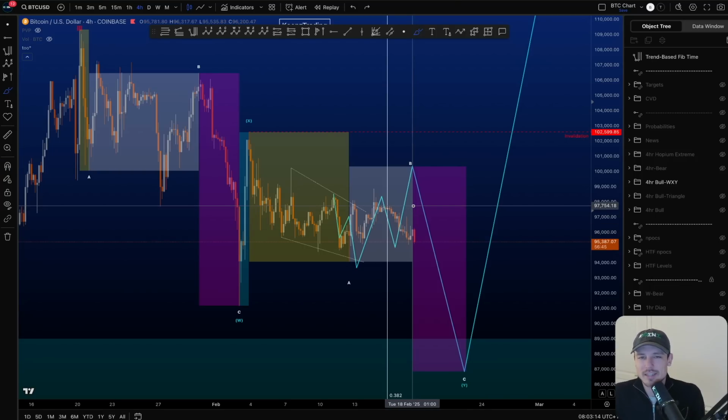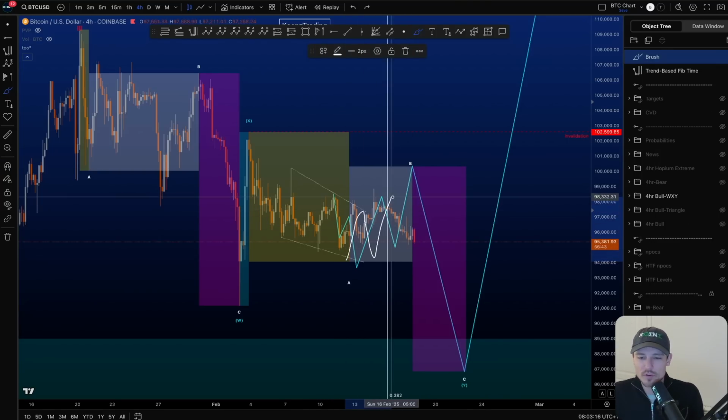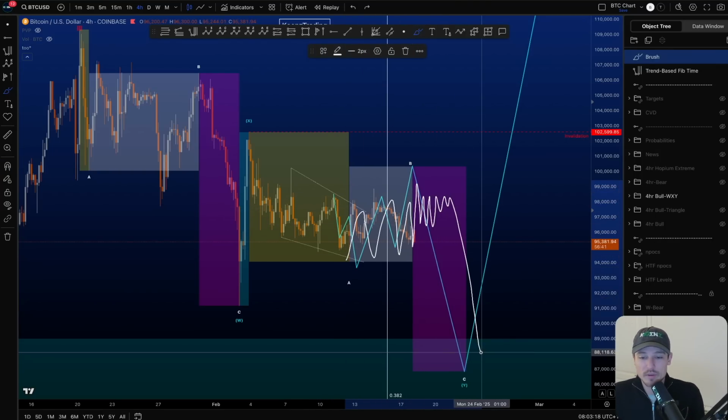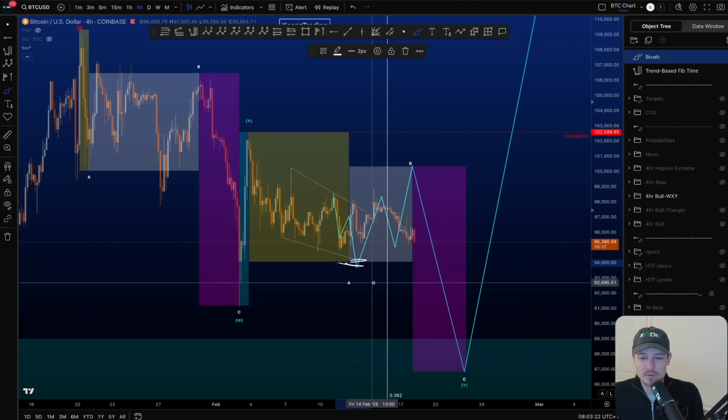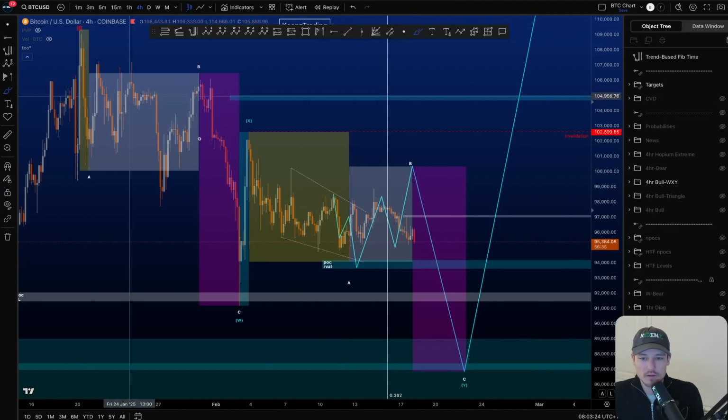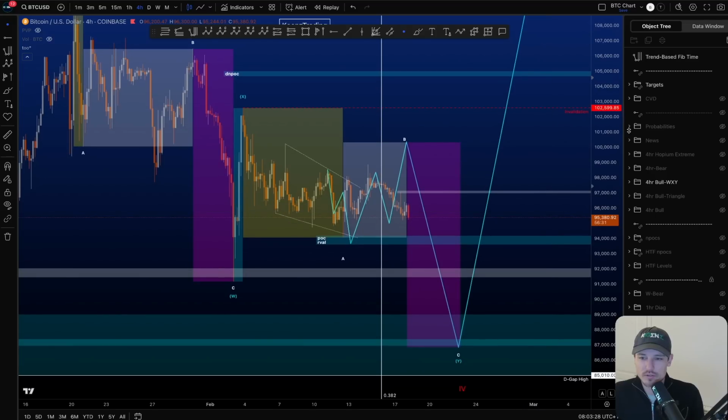So in this case, it would be nicer if we are not done yet with wave B before a C towards the downside.